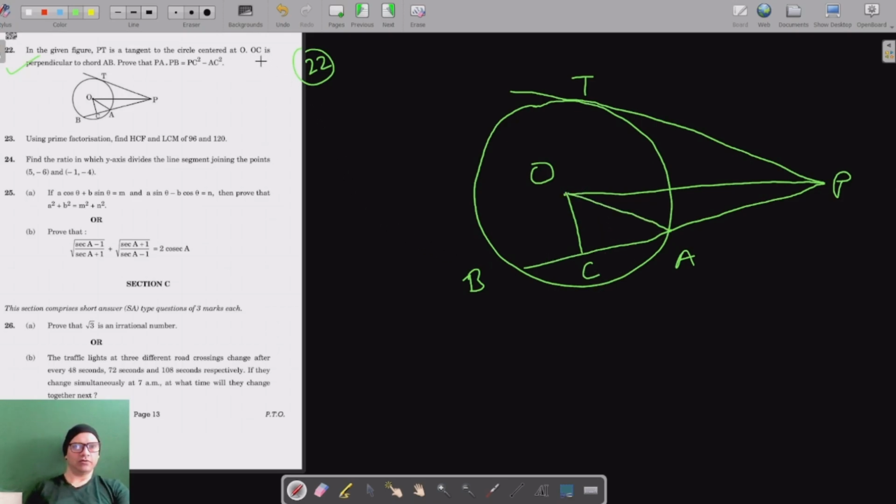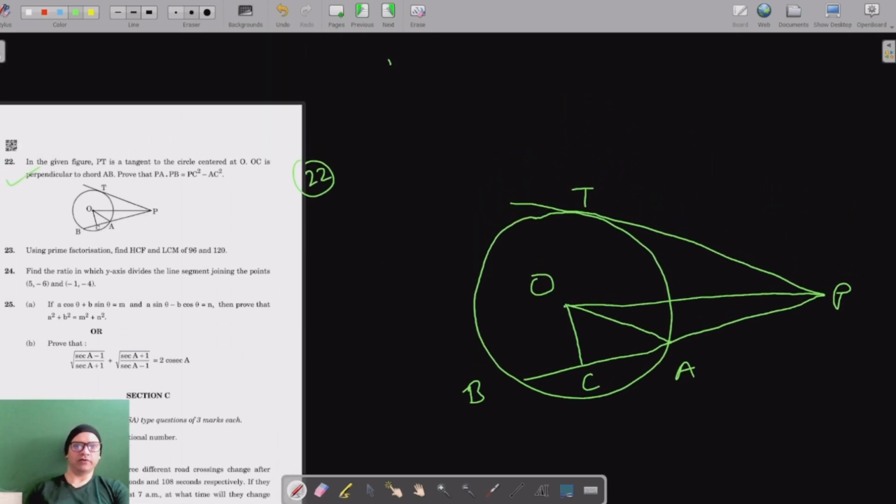And it's given that OC is perpendicular to chord AB. And we know that a perpendicular from the center bisects the chord, so BC is equal to AC. And then let's write down what we have to prove.